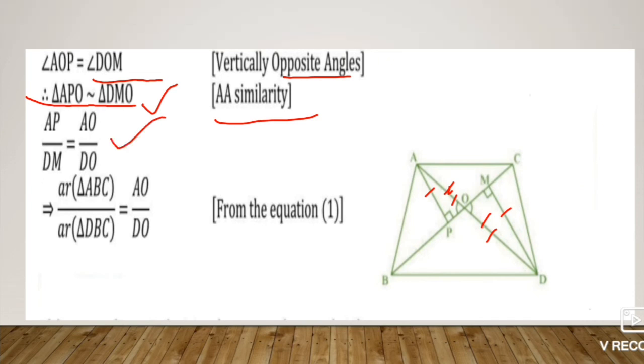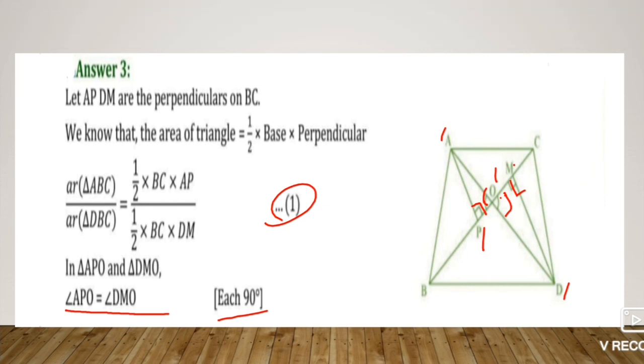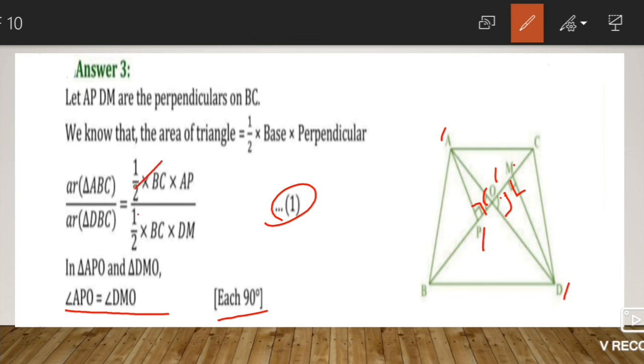Now let's check the previous slide. In equation number 1, the half and half was cancelled, so the remaining part was BC by BC. This BC and BC is also cancelled, so the remaining was AP by DM, right? From equation number 1, the ratio of the areas of these two triangles is AP by DM.